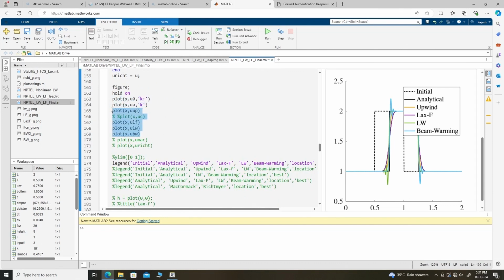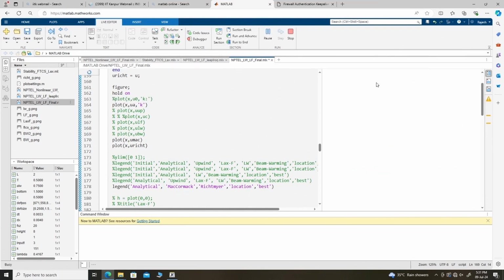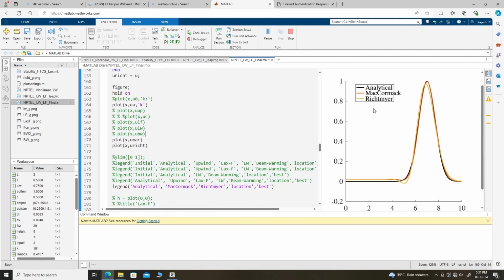I will close all these things and only open this MacCormack, and let's see how it looks. Analytical. Let me close this initial profile also. I'm showing you for the exponential function.